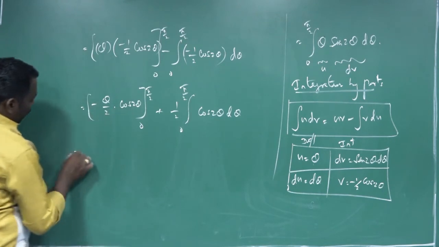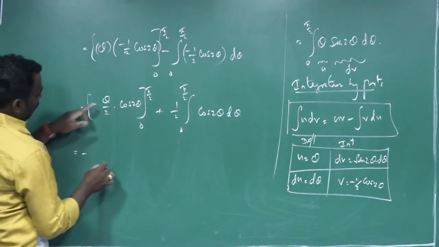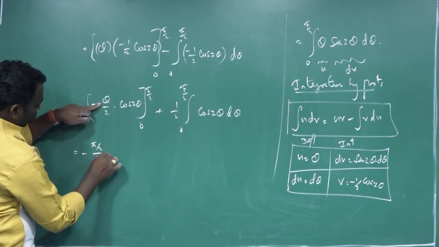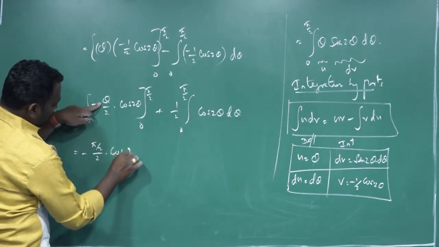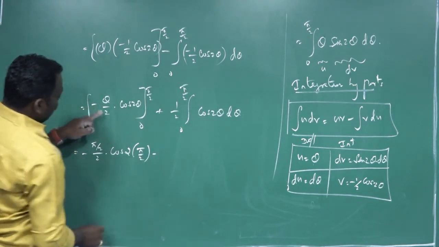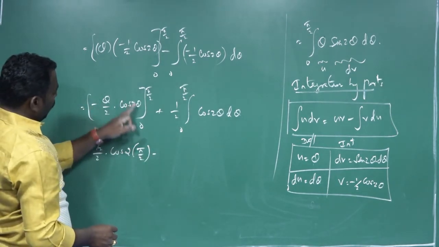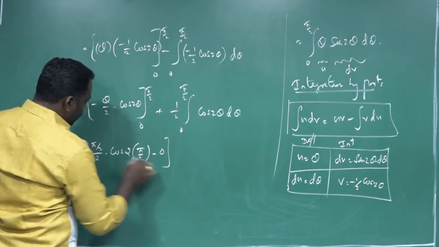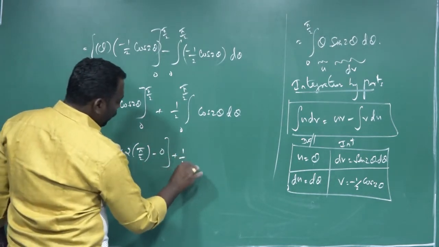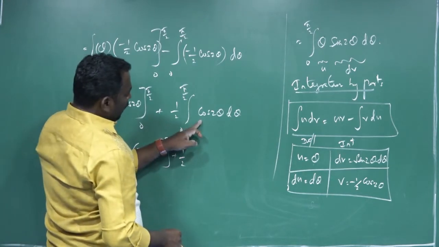Now here we apply the upper limit value minus the lower limit value. Theta value equals pi by 2, so pi by 2 by 2 into cos of 2 into pi by 2 is the upper limit value, minus the lower limit equal to 0, so this total term becomes 0. Therefore the second interval is fully 0. Then plus 1 by 2 integration, what is it?